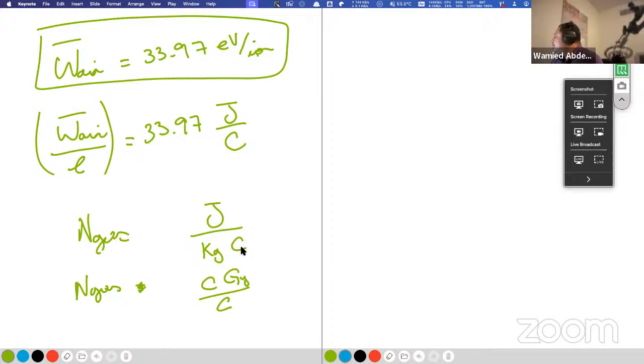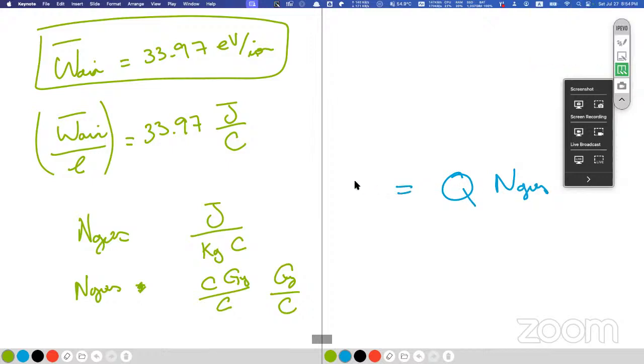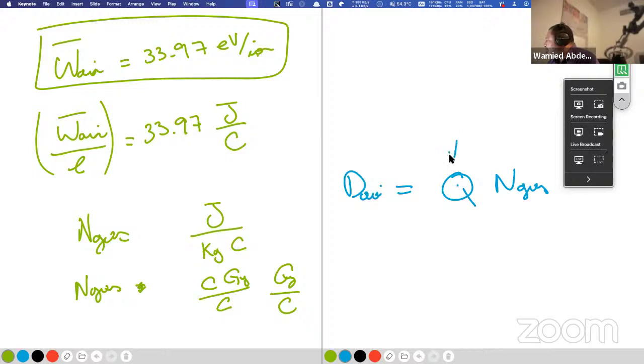So essentially, if we have a charge Q, we multiply it by N gas, and this is going to give me the dose in air. The unit for the charge is coulomb, and the unit for N gas is grays per coulomb. When you multiply, the coulombs cancel and you get the gray.